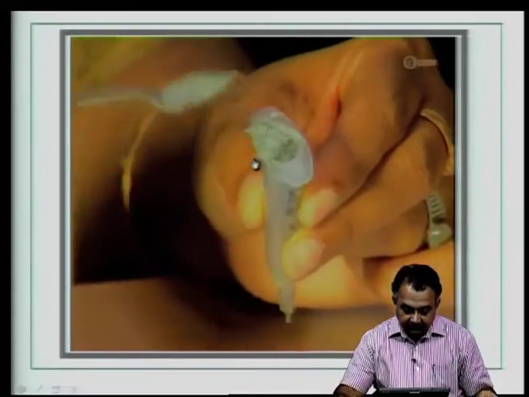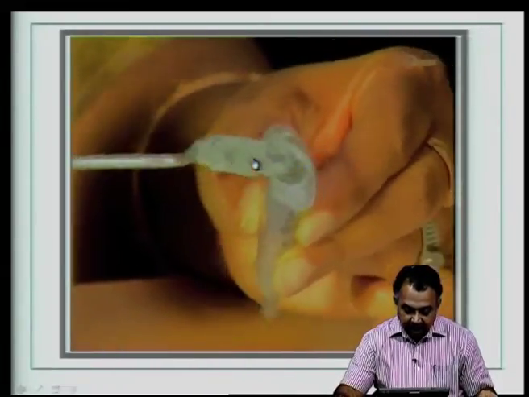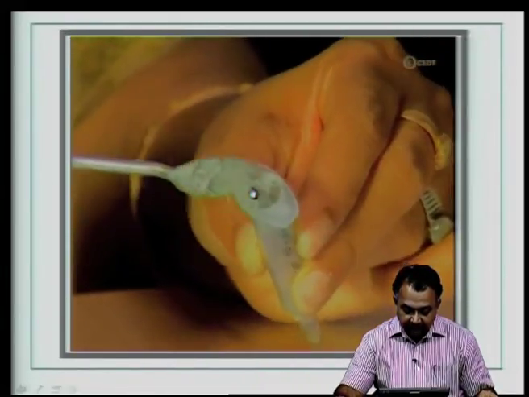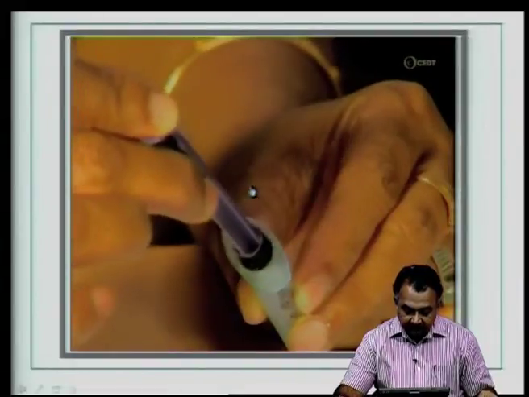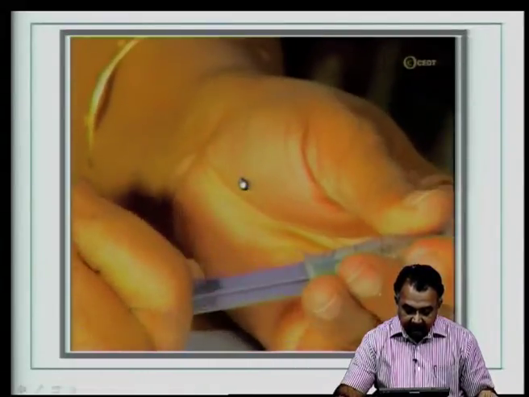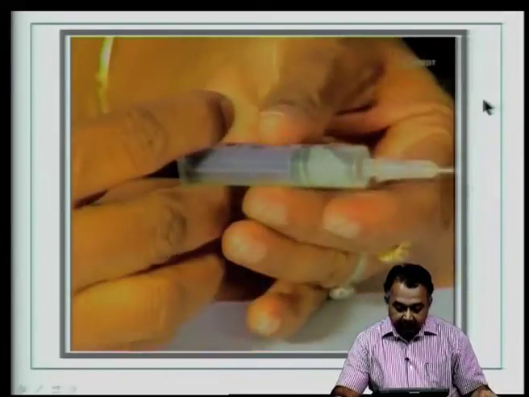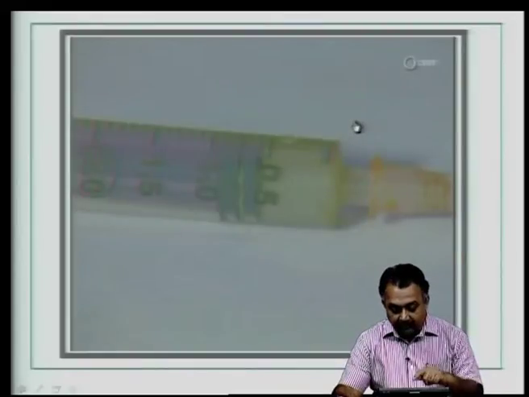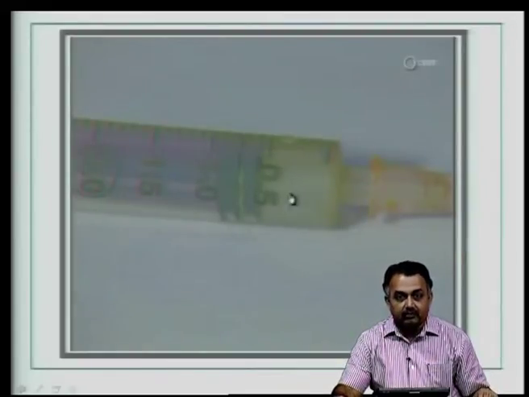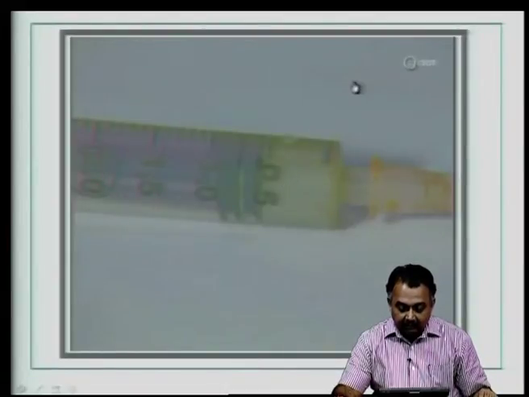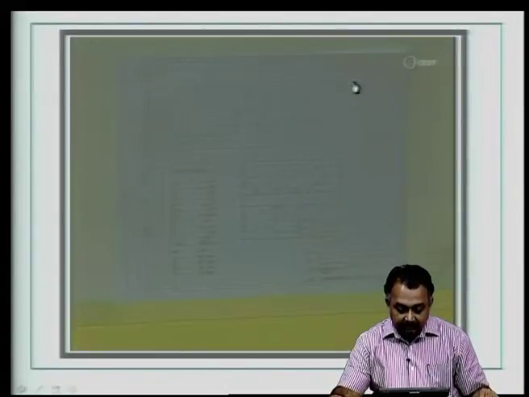As you can see here, the technician is now filling the empty syringe with solder paste. The solder paste typically, as I said, contains various ingredients including flux material that helps in proper wetting. Now, make sure that there is no air gap. There should be no air gap or bubbles or voids.